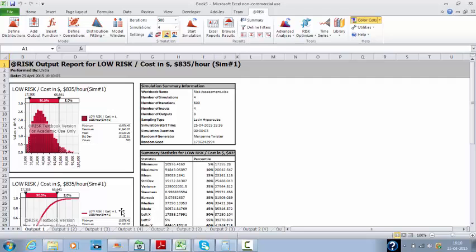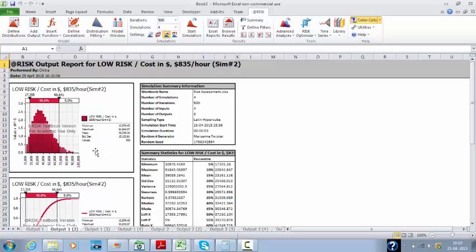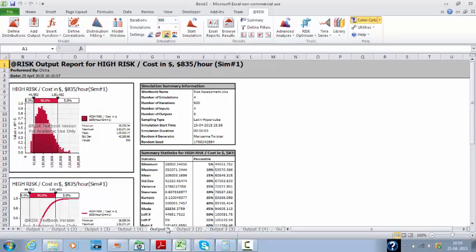This is the criteria, as I told you, whether it is low risk or high risk, and the distribution of the cost here. Similarly, it's a repetition of what we're doing here. This is again for the next.